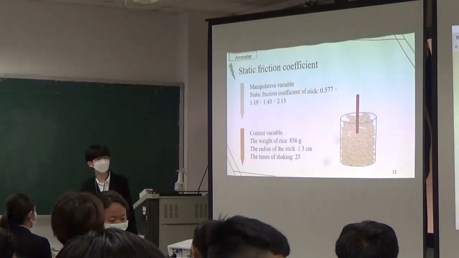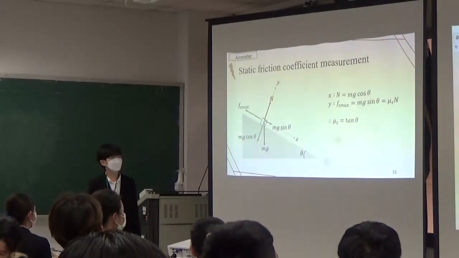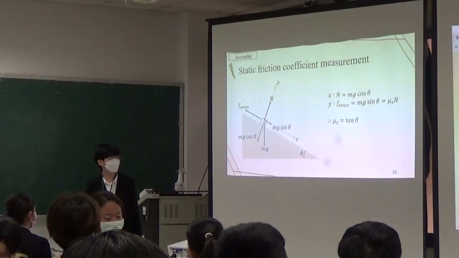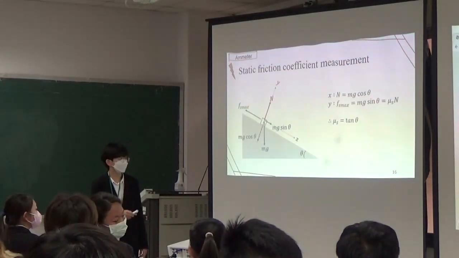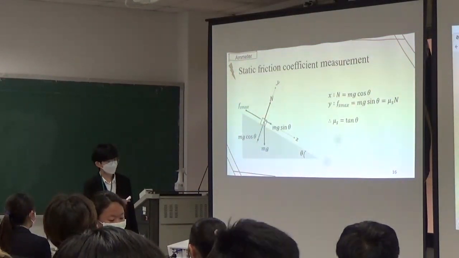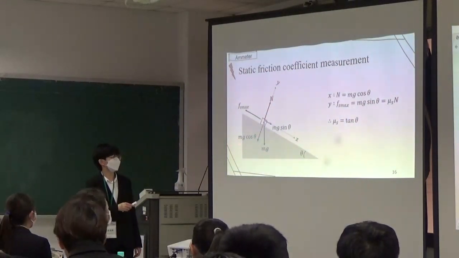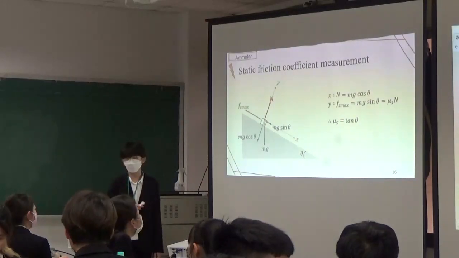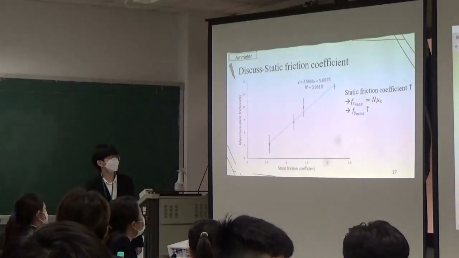Second, we change the static friction coefficient. First, we must measure the static friction coefficient when we put some object on the slope at a certain depth, and it is also affected by the weight, normal force and the friction. So we can get μs is tan θ, and this is our static friction coefficient.